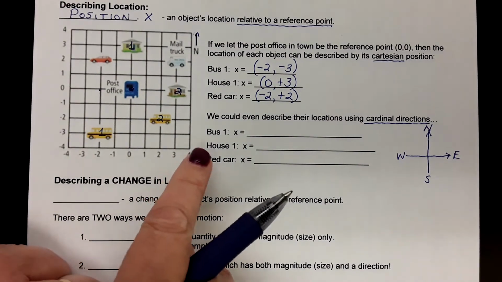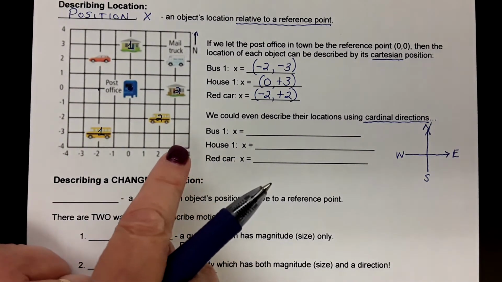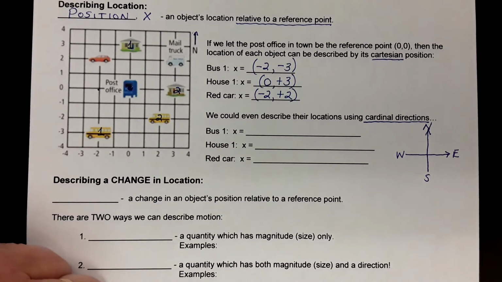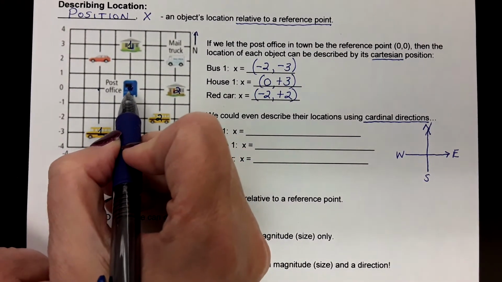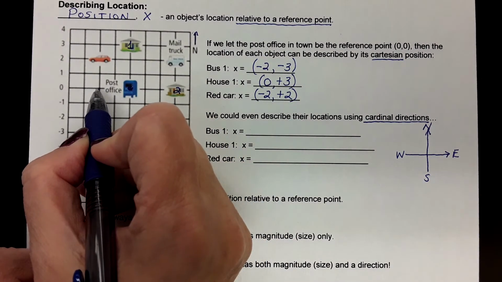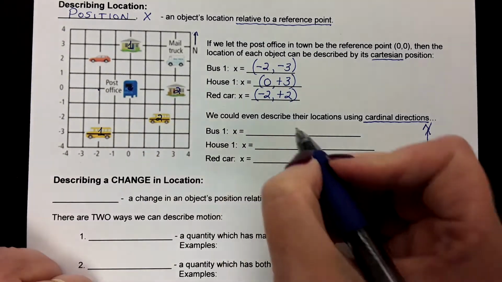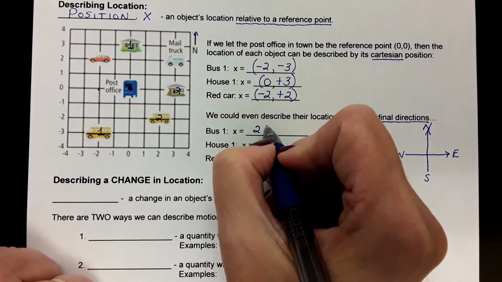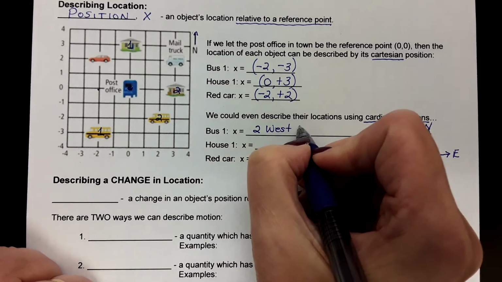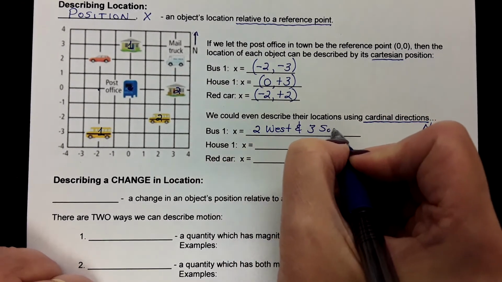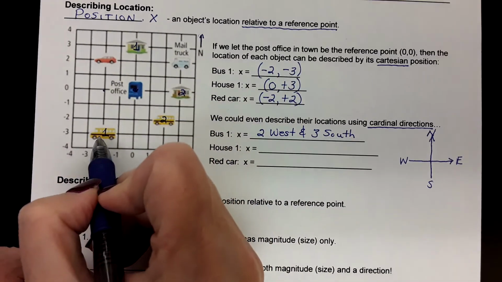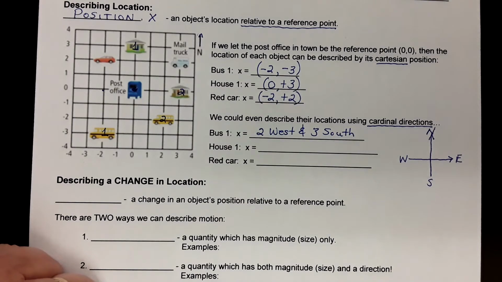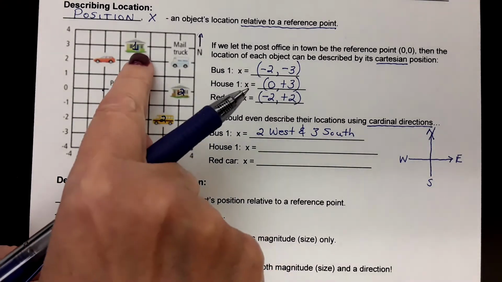So let's find the coordinates or location or position of each of these same objects with reference to cardinal directions. So, bus 1, you're going to go 2 squares to the west and 3 squares south. So we're going to say 2 west and 3 south, because that's what we have to do to get there. So 2 west, 3 south. There it is. Okay? Now, let's take a look at house 1 right up here.